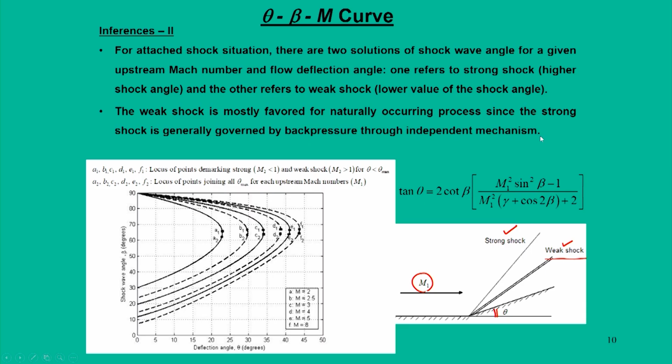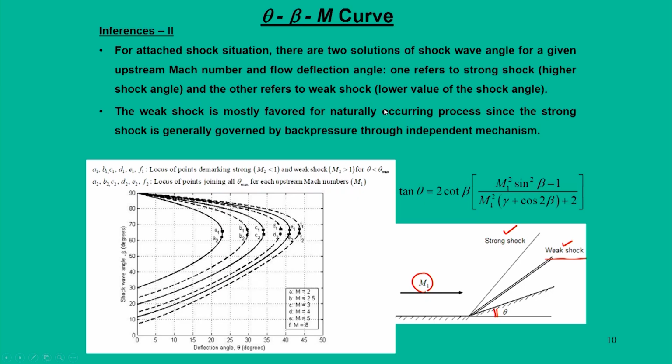Those things we will cover later, but by default the assumption is that we take the weak shock solution. So, you take M1, theta where beta should be beta minimum, that we get from here, that is 42 degree at M1 is equal to 2.5, theta is equal to 20 degree.